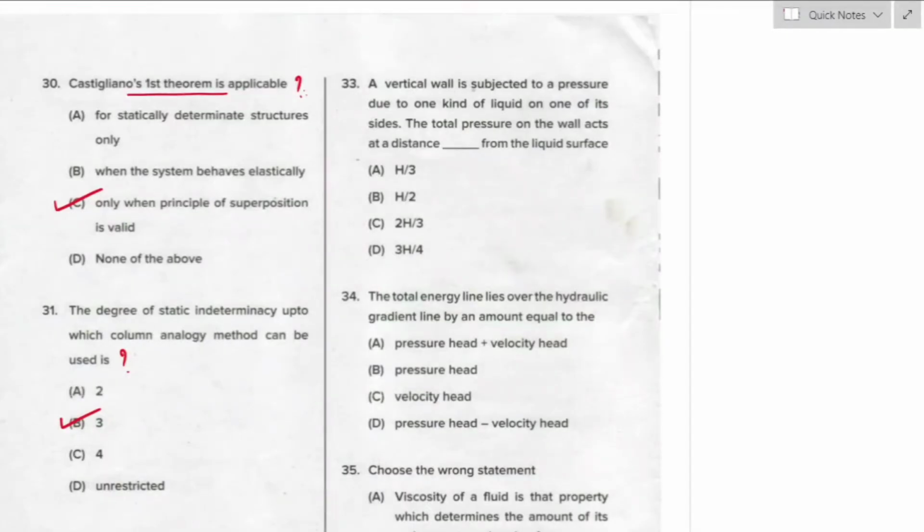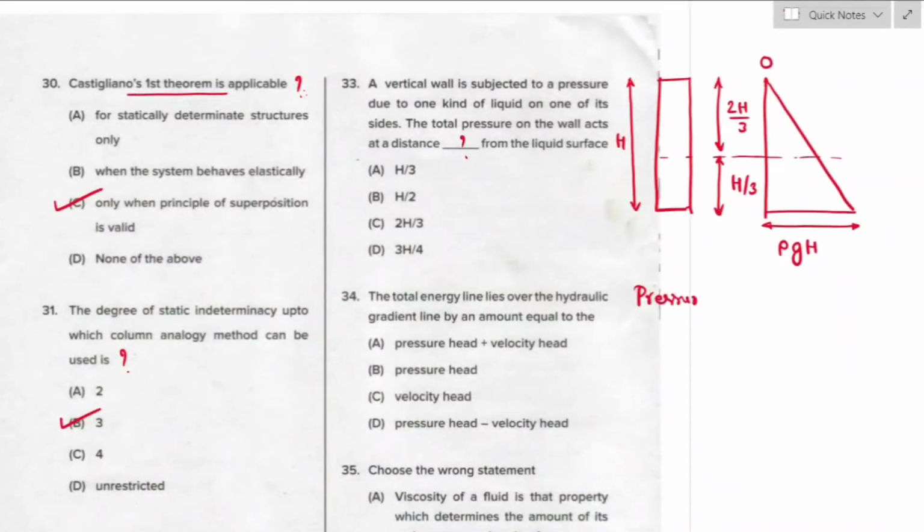Question number 33. A vertical wall is subjected to a pressure due to one kind of liquid on one of its sides. The total pressure on the wall acts at a distance of from the liquid surface. So let us consider a vertical wall of a height h. This is the corresponding pressure distribution diagram. So pressure at top will be 0.